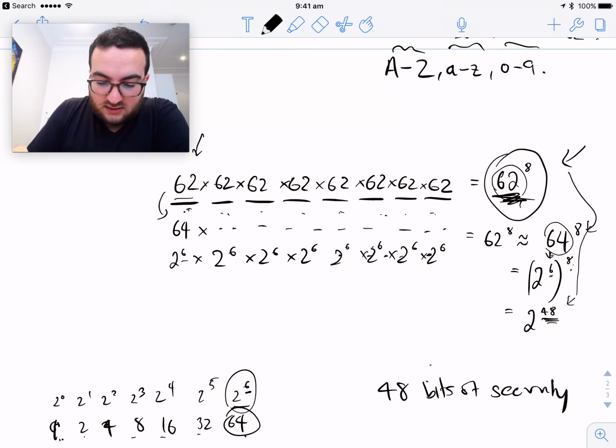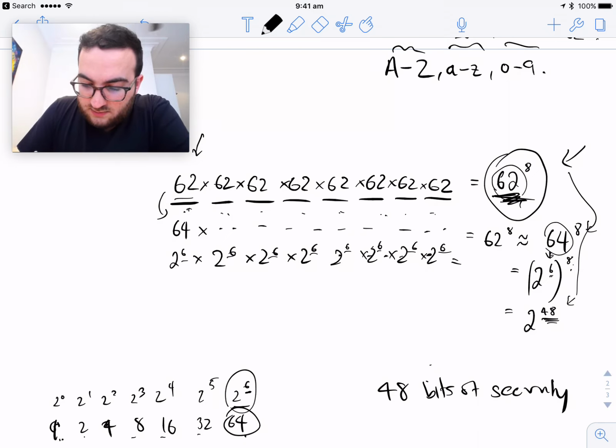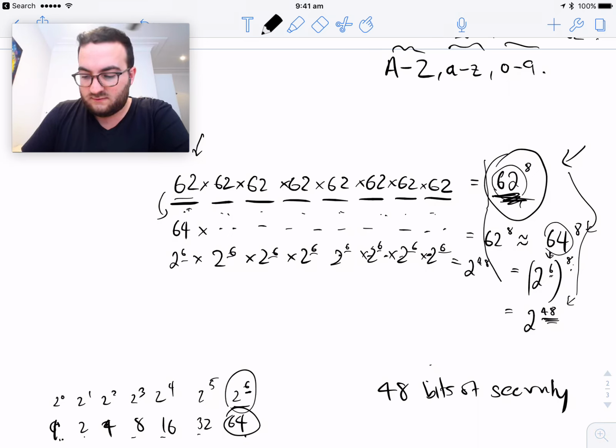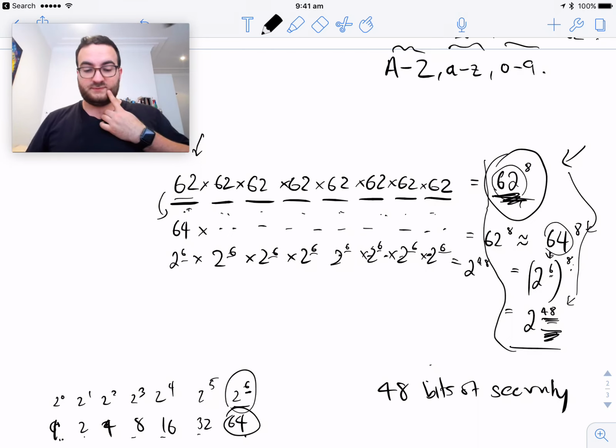And the way powers of 2 work is we just add these numbers. So 6 plus 6 is 12, plus another 6 is 18, 24, 30, 36, 42, and then 48. So I just add them all up and that's 2 to the 48, which is the answer we saw from before.